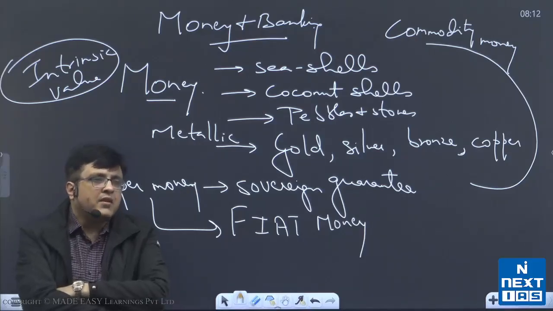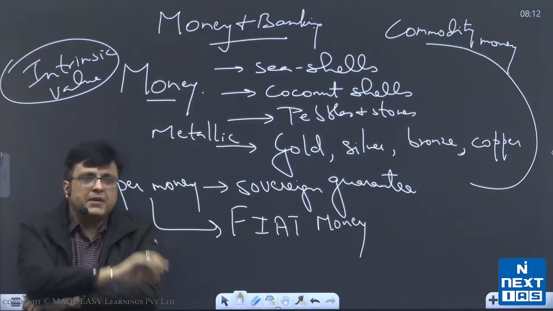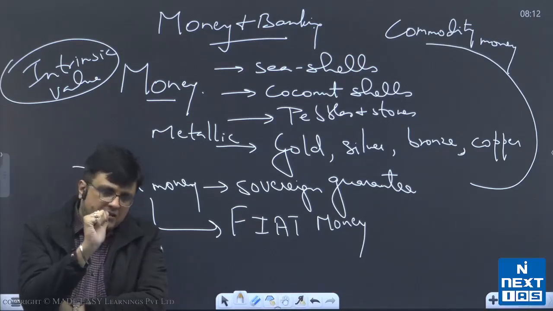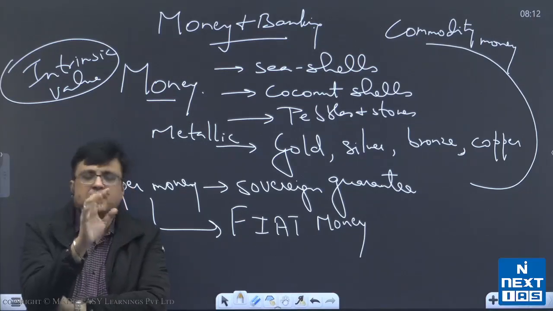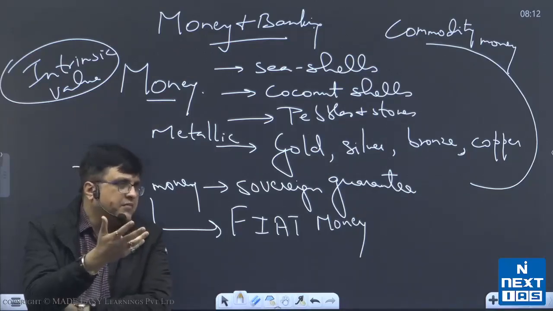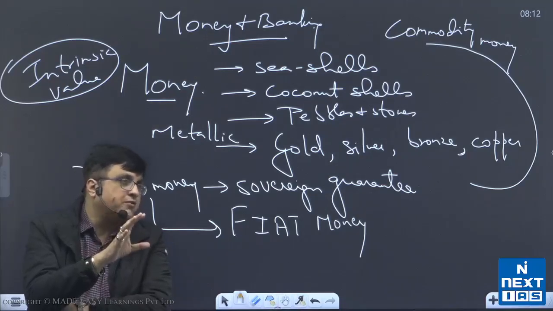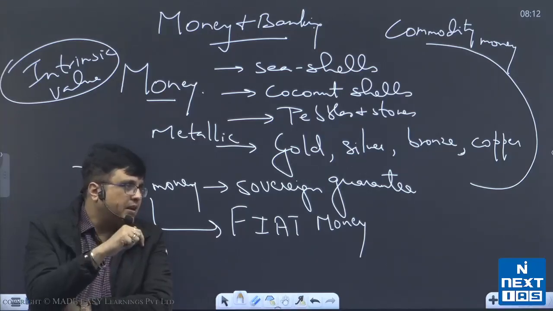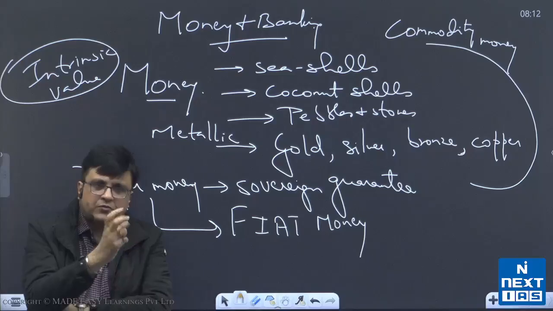Now see, again when we say double coincidence of wants, what does that imply? Say I have wheat and I need furniture, then I will have to search for someone who has furniture and who needs wheat. That is called double coincidence of want.